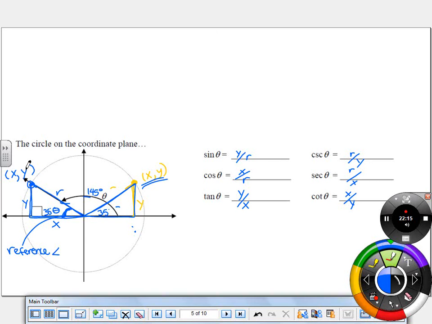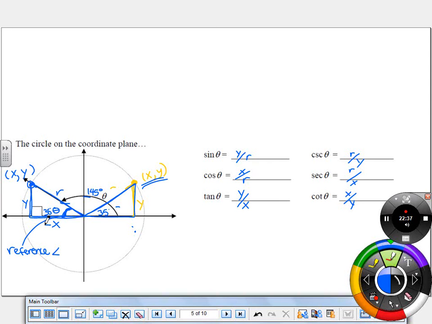So here's the trick to doing what we're going to do. We can find the sine, the cosine, and the tangent of 145 degrees by actually finding the sine, the cosine, and the tangent of 35 degrees, but the only difference is we have to make sure that we make this negative. Okay?